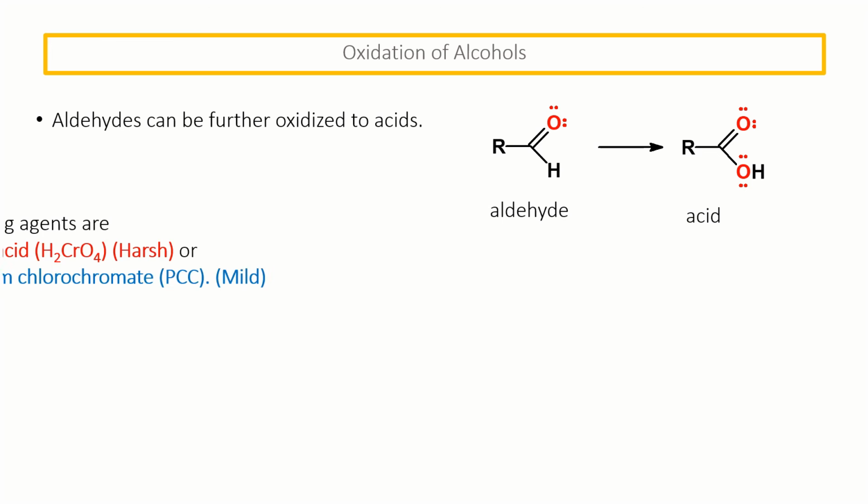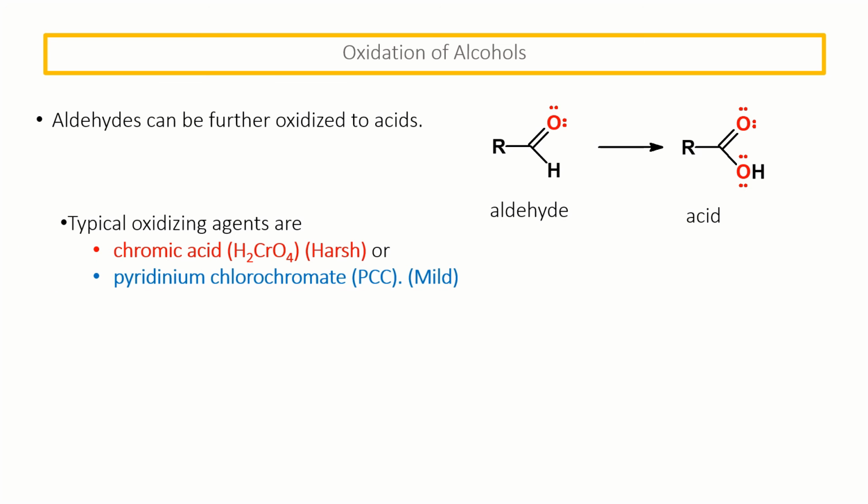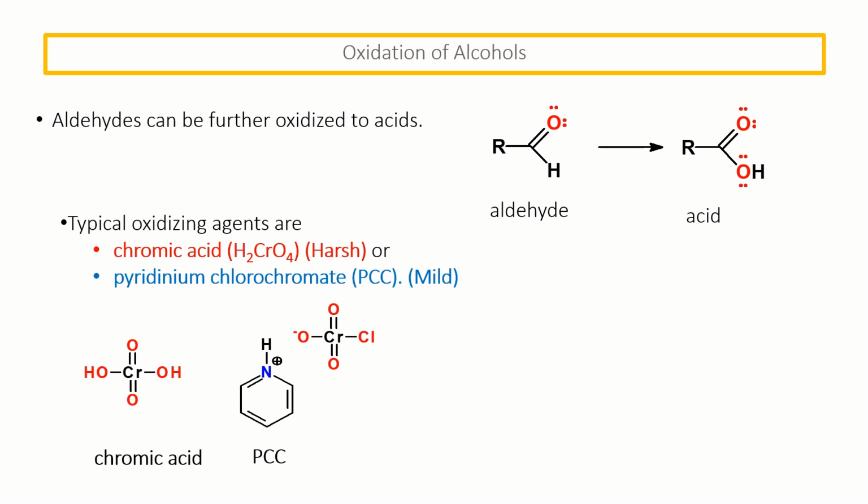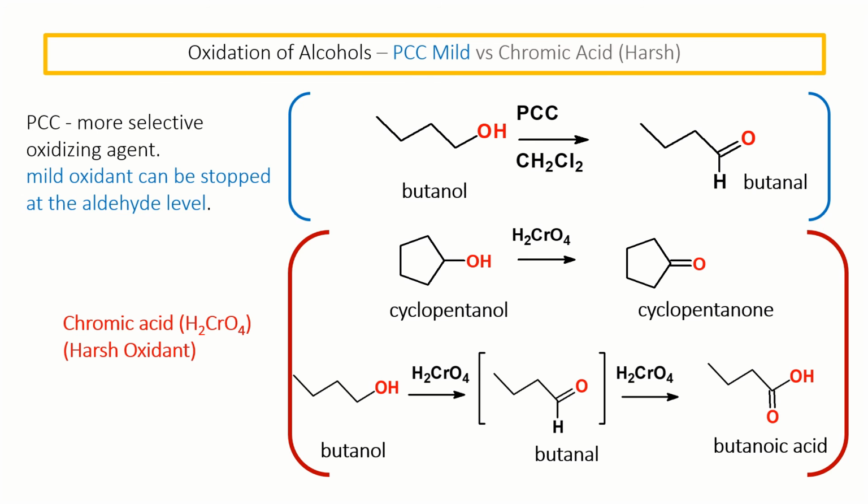The reagents that we use typically are chromic acid or sodium dichromate, which is harsh, and pyridinium chlorochromate. This is PCC, and this is a very mild reactant. You can see the structures here. Realize that these can be used for oxidation of primary and secondary alcohols. In the case of PCC, which is quite selective, it is a mild oxidant and can be stopped at the aldehydic level.